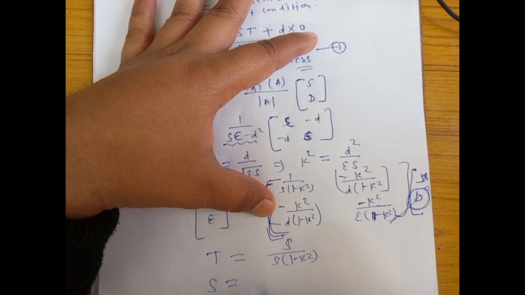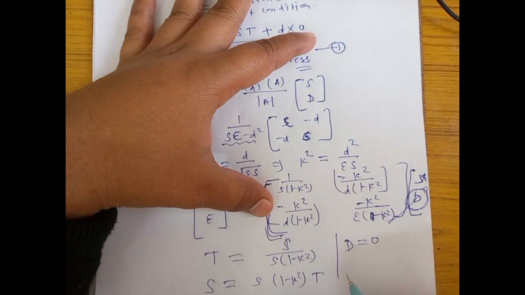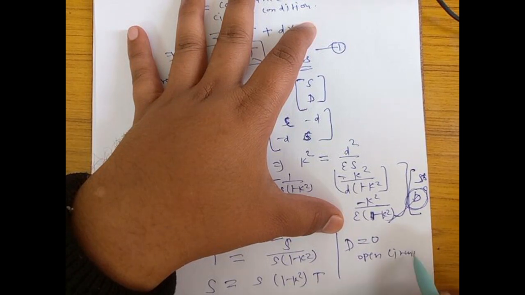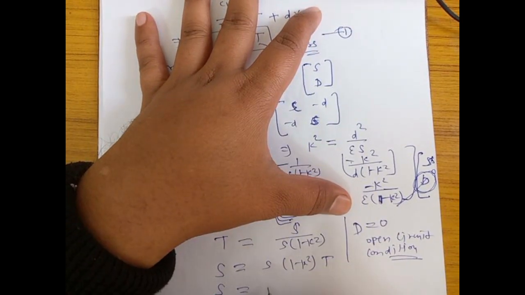Ultimately it will become 1 minus k square times T. So we derive this for D equal to 0, the open circuit condition. We can write S is equal to s superscript D times (1 minus k square) T.